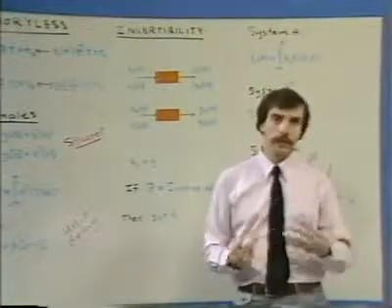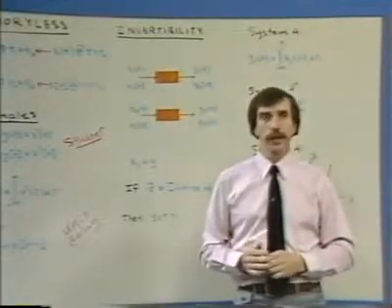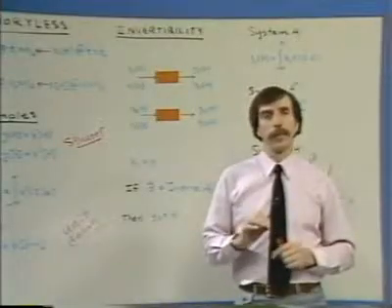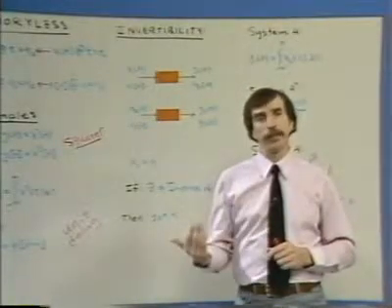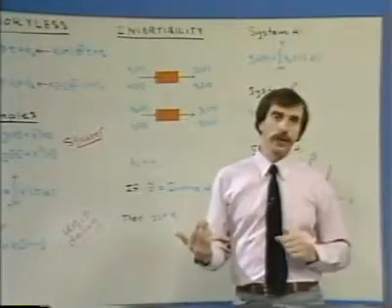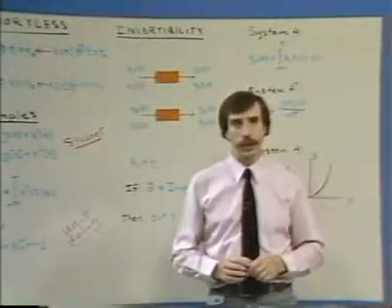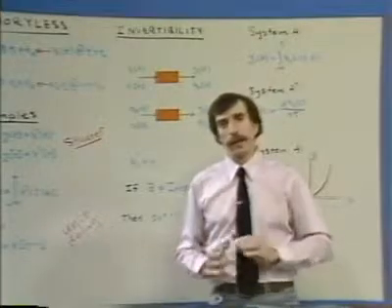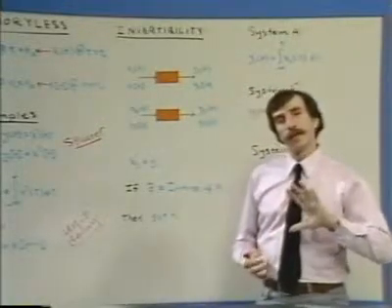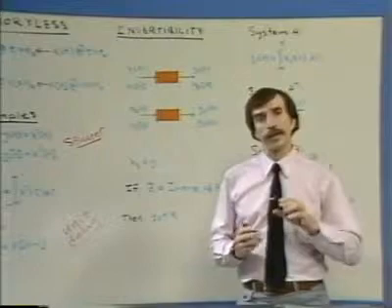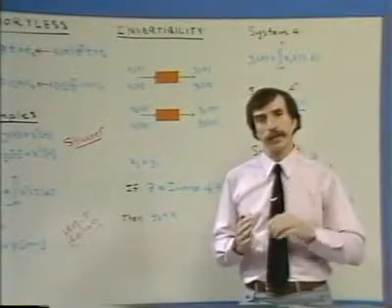That's one definition for invertibility. Said another way, invertibility means that given the output, there's only one input that could have caused it. That's another common sort of definition for invertibility. Another way of looking at it is, in fact, to look at it in the context of a cascade of systems.